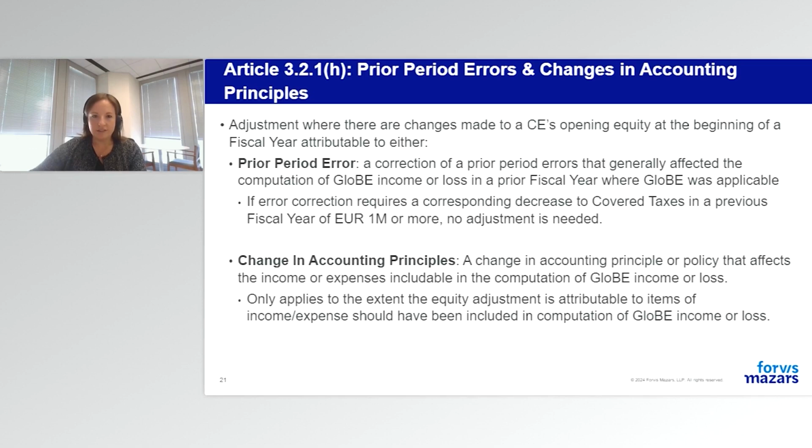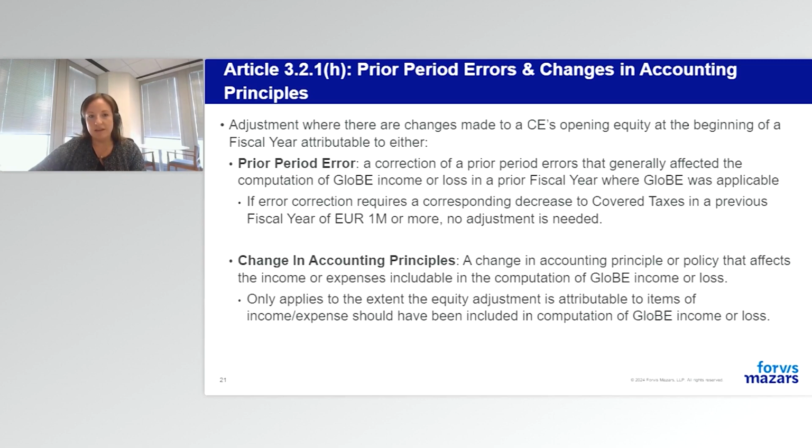Errors are defined in Article 10 of the rules. Generally, this is a correction of a prior period error that impacted your GloBE income or loss in a prior year, to the extent GloBE was applicable within that year. So really, you're just trying to make the adjustment in the current period.